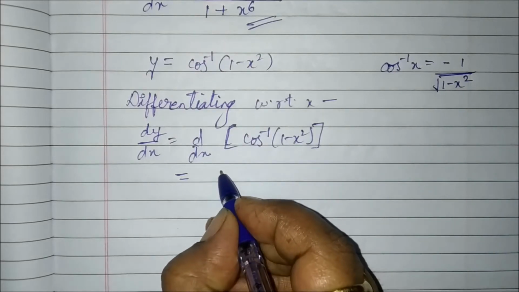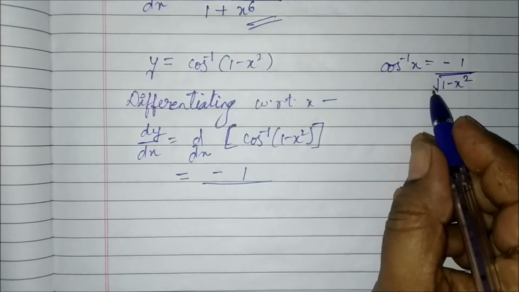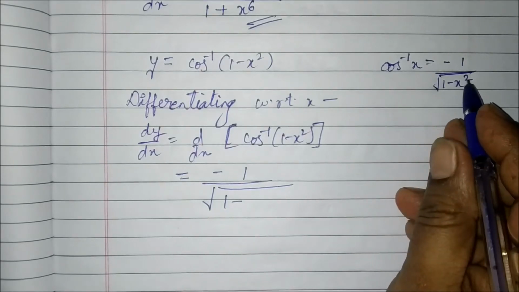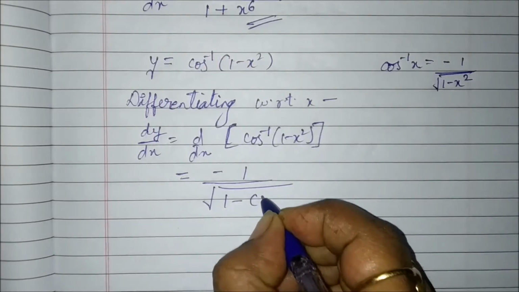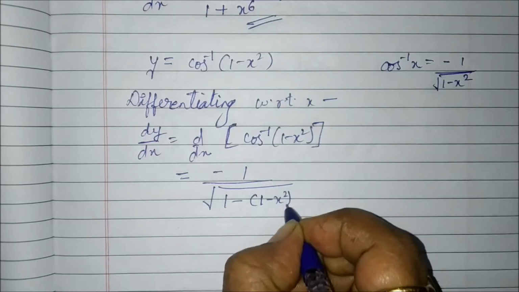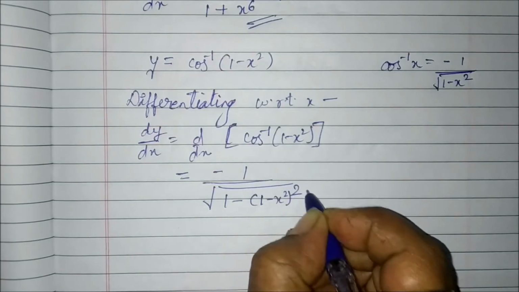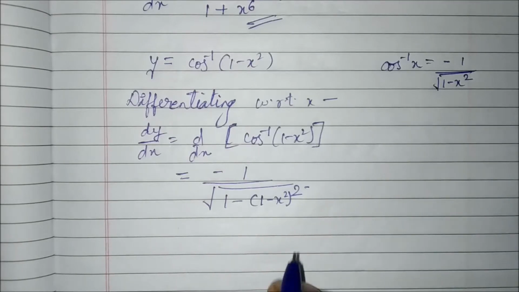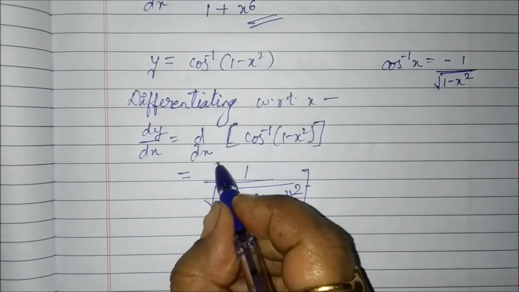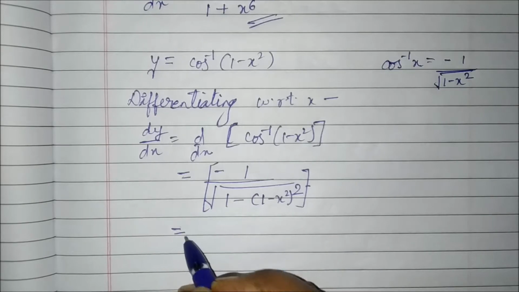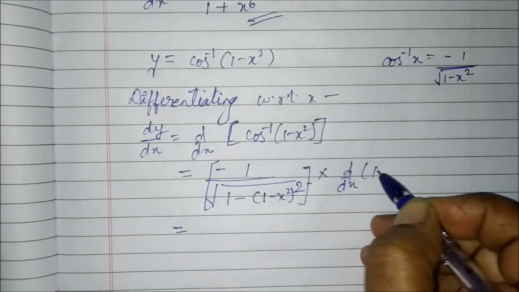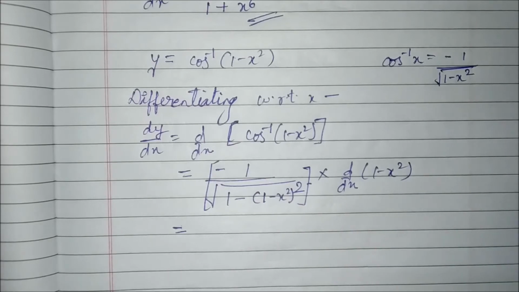We get minus 1 upon under root 1 minus x square. So in place of x square we write 1 minus x square. This is x square. So in this way you have to write, again into d by dx of 1 minus x square.